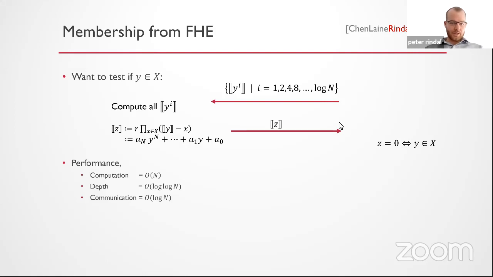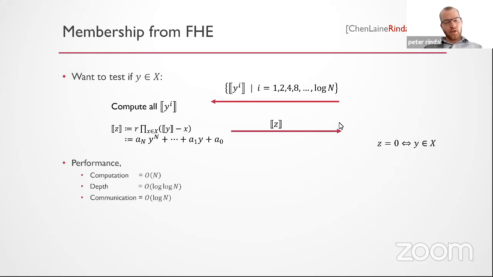Instead of just sending y, we're going to send the powers of y, as shown here. And then we'll expand to get all the powers of y, and then we'll evaluate this polynomial. Since each individual a is known in the clear, all these a multiplications are basically linear operations.